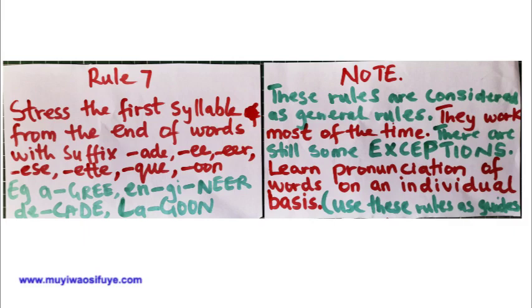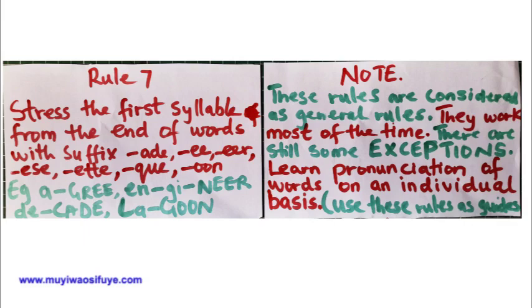That's where the root word has the suffix ade, ee, eer, ese, ette, que, oon. That means those words that end with all those suffixes.